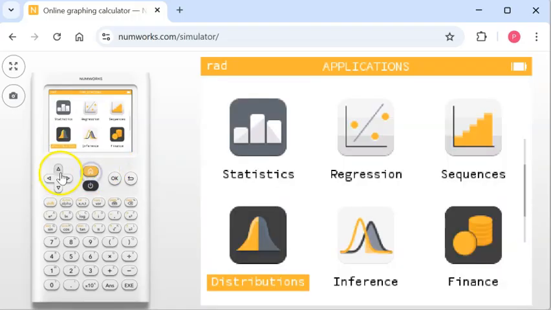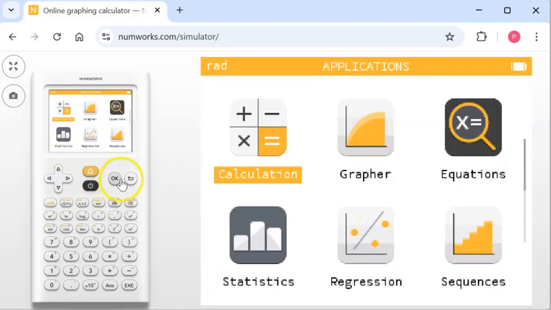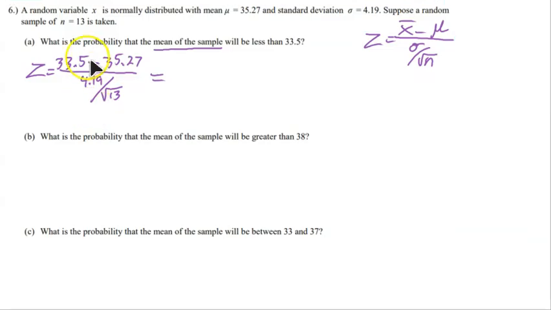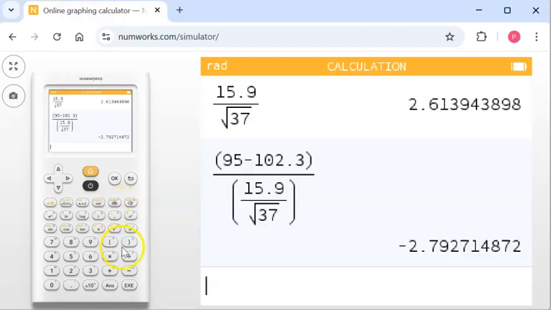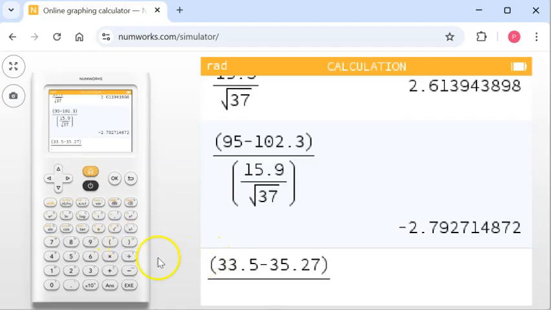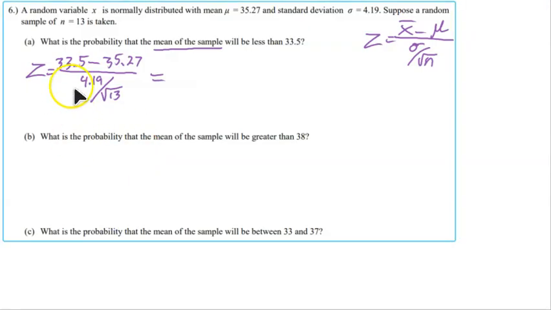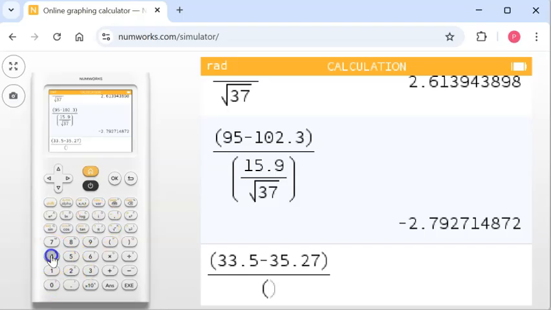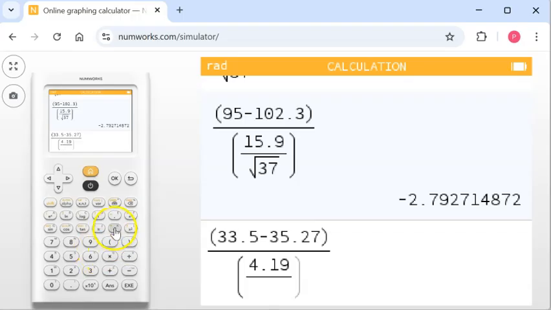Let's go back to the calculator. Okay, we're going to do 33.5 minus 35.27, close parenthesis, divided by parenthesis. Our sigma is 4.19. That's our standard deviation, 4.19, divided by the square root of 13.